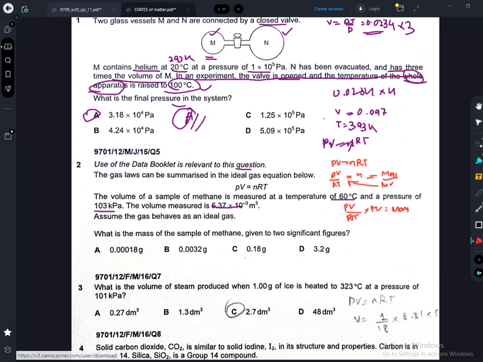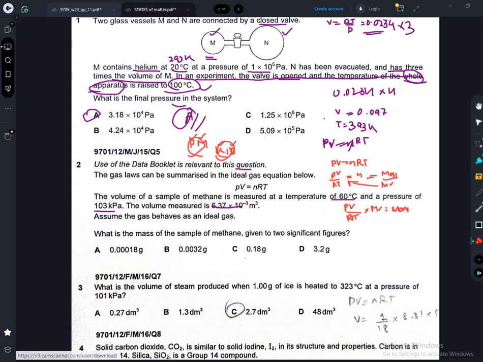So let me just do this calculation. You should be cautious of the volume, because remember one principle: Pascal goes with meter cube and kilopascal goes with decimeter cube. You should always remember this, then perform your calculation, otherwise you have to do some conversions. So we have 103 kilopascal.